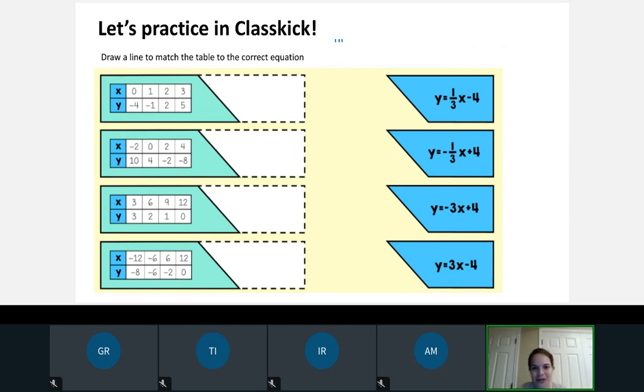Alrighty. So what we're going to do is we're going to draw a line from the table to the correct equation. So how will I know? Yeah, sorry, it's slide 43. Okay, so how will I know? Let's talk about this in the room chat. Okay, before I give you the link, let's talk about this in the room chat, okay? How will I know? What can I do?